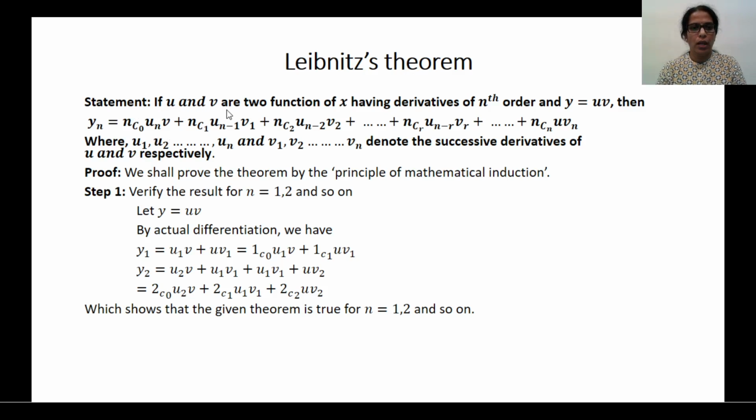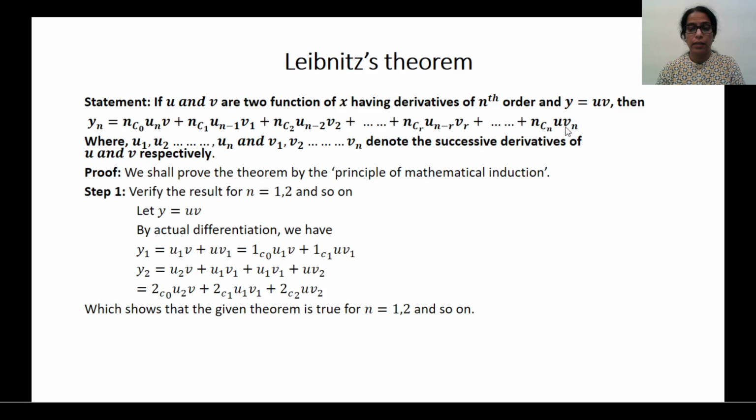If u and v are two functions of x having derivatives of nth order and y equal to u into v, then the nth derivative of y is given by nC0 u_n into v plus nC1 u_(n-1) into v1 plus nC2 u_(n-2) into v2 plus etc. plus nCr u_(n-r) into vr plus etc. plus nCn u into vn.